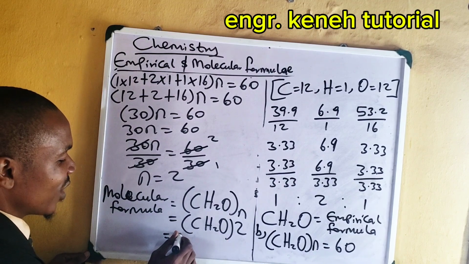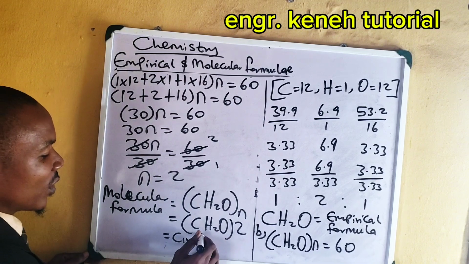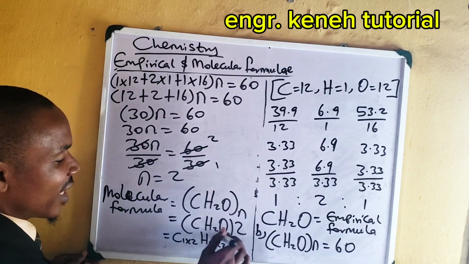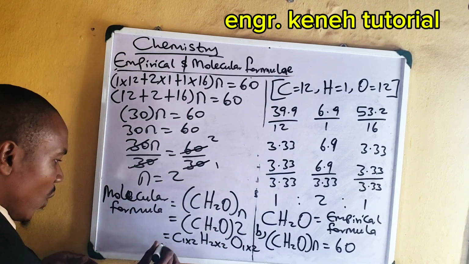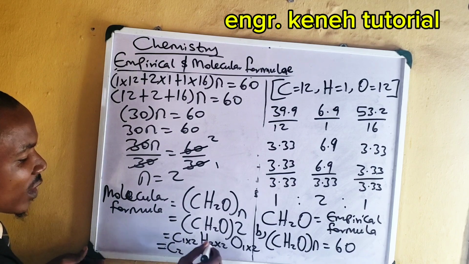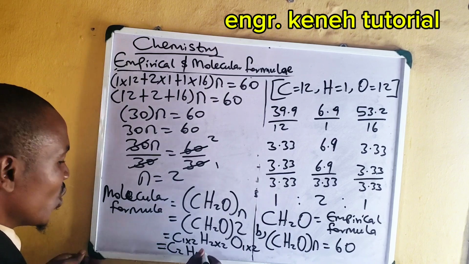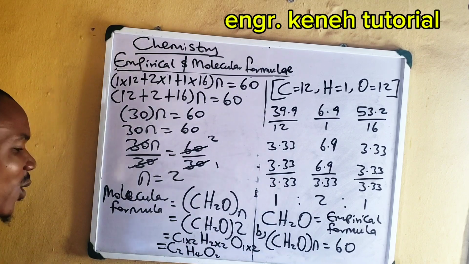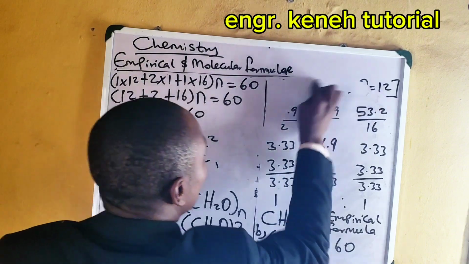Because we have 1 here, it will give us C 1 times 2. Then it's multiplying H 2 times 2. 1 is here, it's multiplying O also. So 1 times 2 will give us 2, we have C2. 2 times 2 will give us 4, we have H4. And 1 times 2 will give us 2. Can you see that? All right, so that will give us C2H4O2.